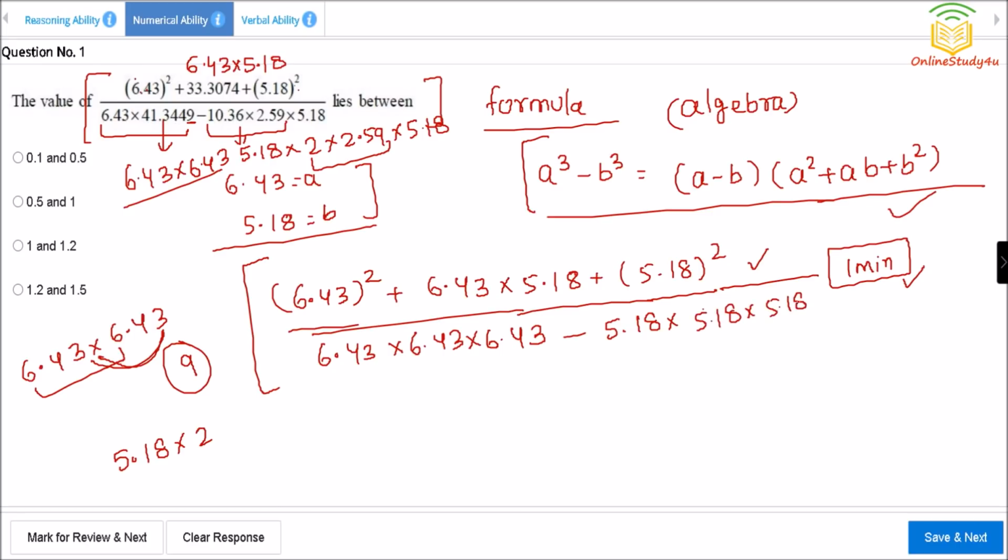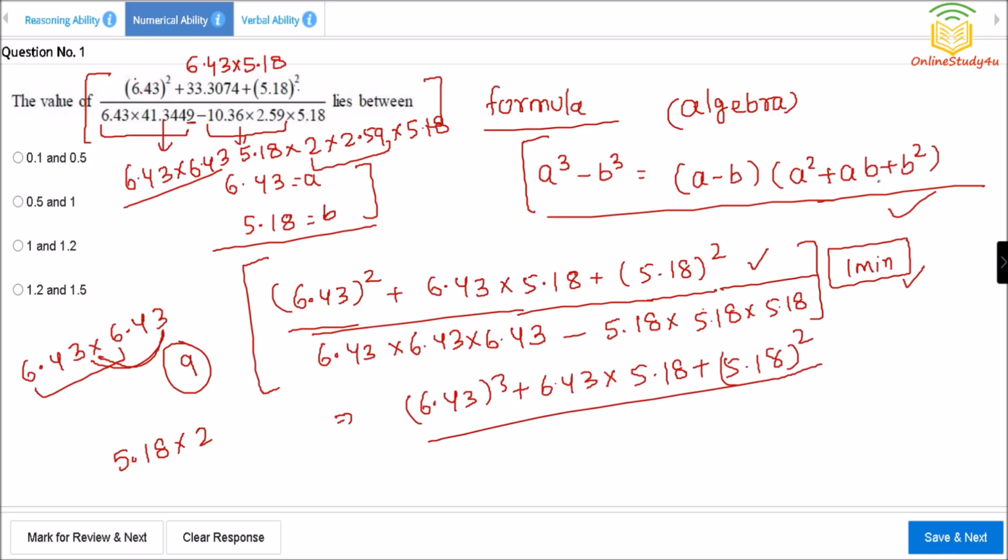You don't have to unnecessarily waste your time in the examination. Now this will become 6.43 square plus 6.43 into 5.18 plus 5.18 square, divided by a square plus ab plus b square.